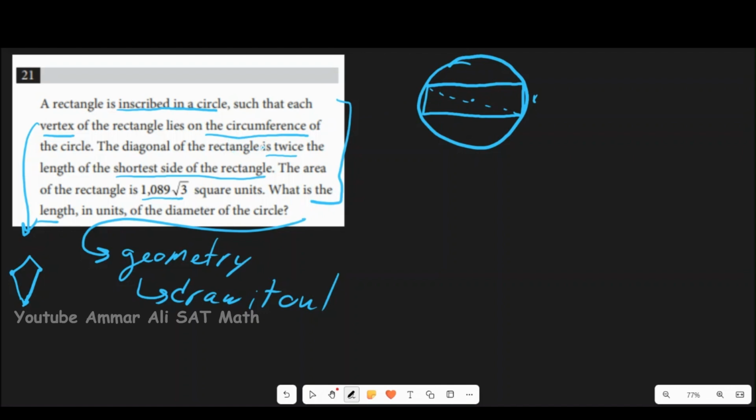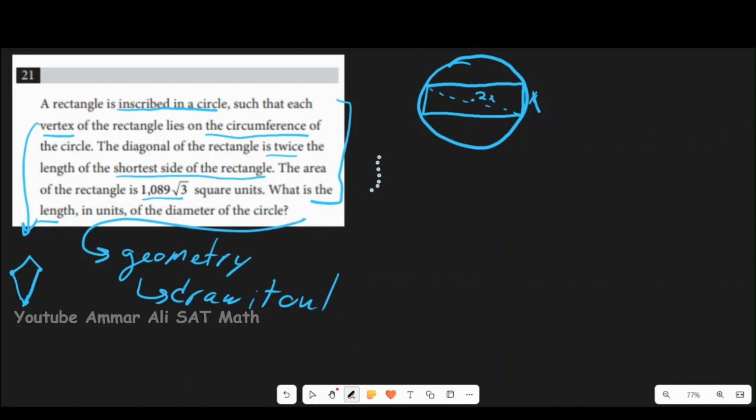The diagonal is twice the length of the shortest side. So if our shortest side is x, then our diagonal will be 2x. The area of the rectangle is 1089 root 3 square units. What is the length in units of the diameter of the circle?